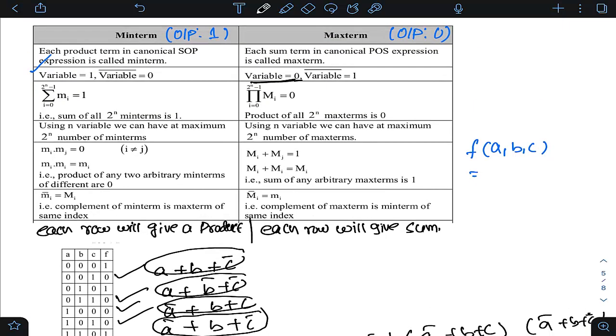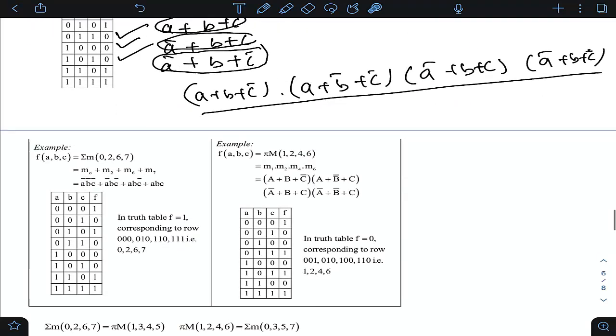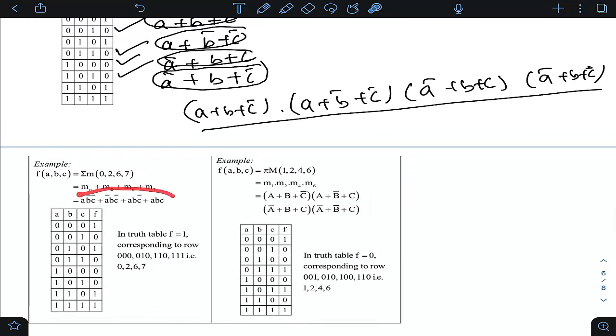Then the number of terms will be very high. Let's say in a 5 variable case, you have 2 power 5, 32 combinations. Out of 32, let's say there are 24 combinations where the output is 1. Then you have to give an expression containing 24 terms like this. Imagine how lengthy that expression would be. We don't want that, so some alternate representations are used.